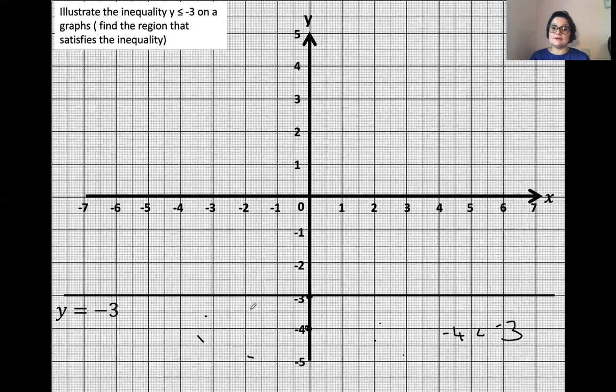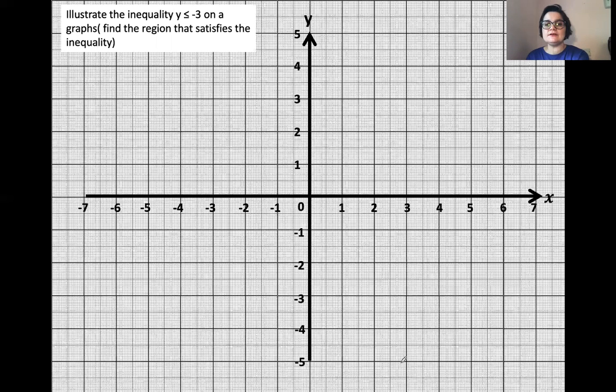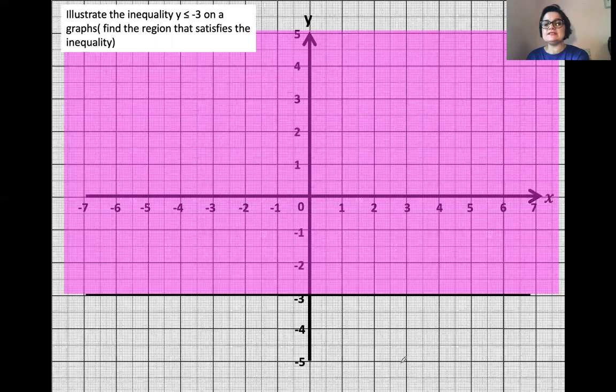Which means all this region is the wanted region. And so what do you need to do? You shade the other region above. This is the unwanted. Wanted and unwanted. You always shade the unwanted region.